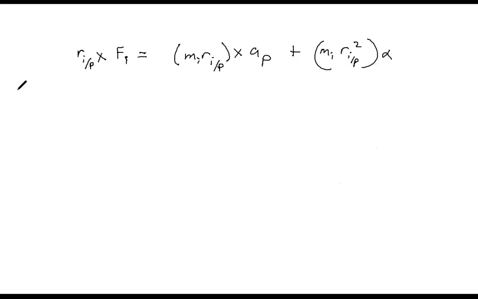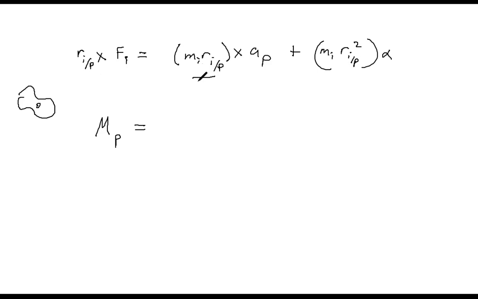This was just what we had for one little chunk. We should sum over all the little pieces. When you do that, all of the internal forces will cancel, and the same with the internal torques, and you only get torques coming from the outside forces. So we get the moment about P equals, now if you think about this, we're summing over the positions of all the little bits of mass relative to P, weighted by their mass.